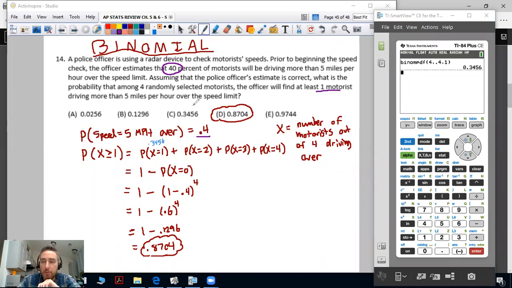And then we can repeat that process, and each time we can change the number. So instead of having 1, we can go up and do 2. Now I'm just going to scroll up and edit the 2 there instead of going into the binomial, but it's the same thing for 2, 0.3456.